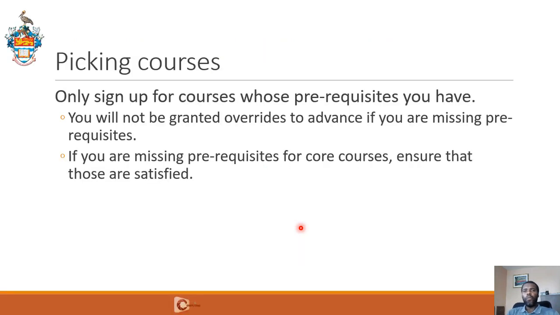So when you're signing up for courses, only sign up for courses whose prerequisites you have. As a policy within the Department of Computing, we do not grant students overrides to take courses whose prerequisites they do not meet. So if you're missing prerequisites for any core courses, ensure that they are satisfied.